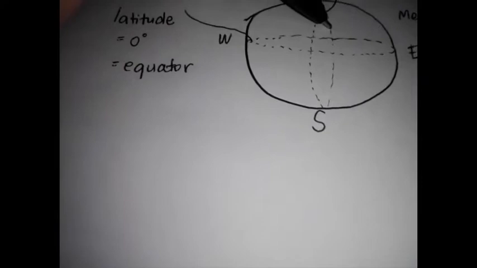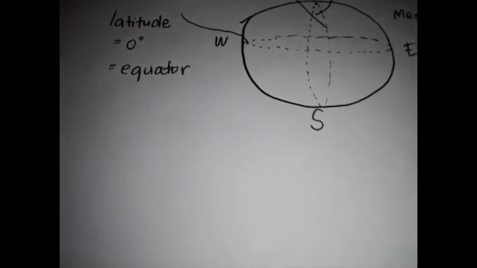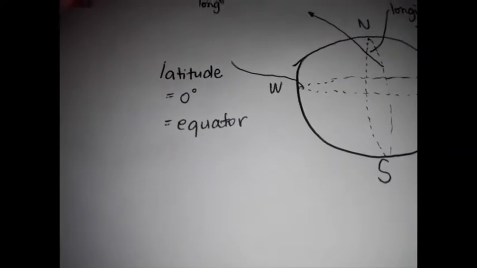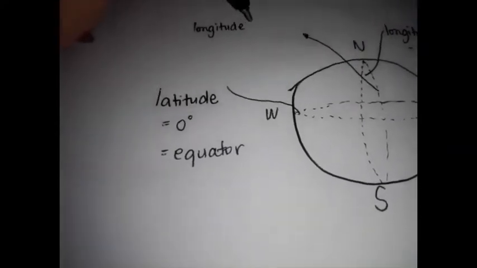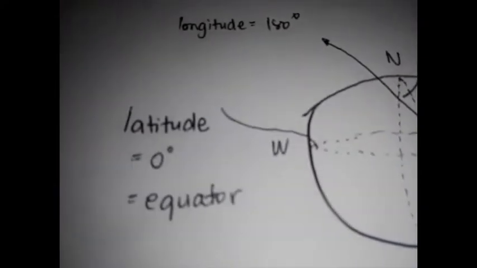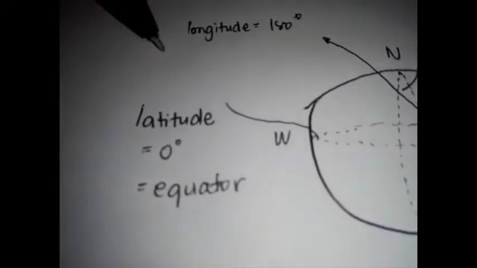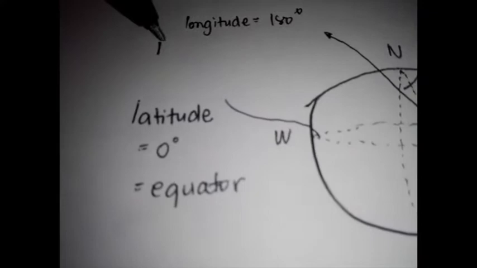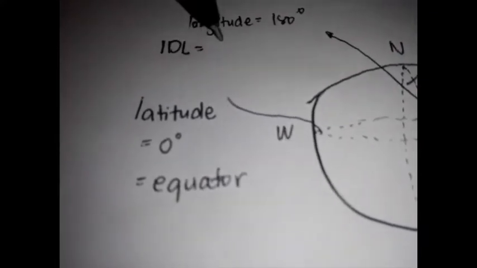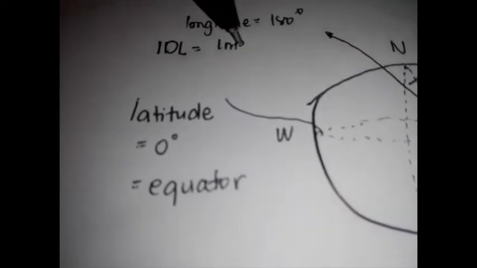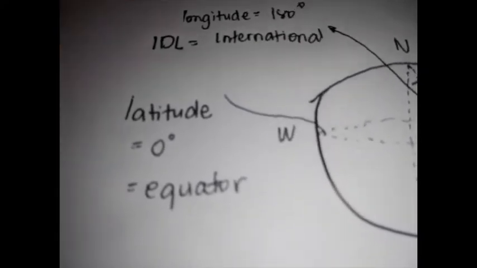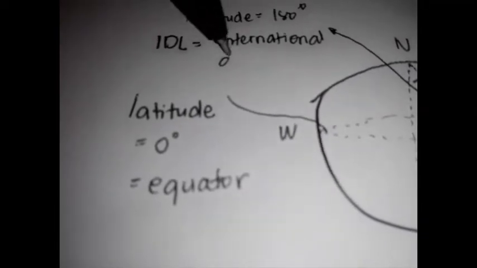So the other side of the longitude is, for the longitude 180 degrees, ito yung tinatawag guys na International Dateline or IDL.